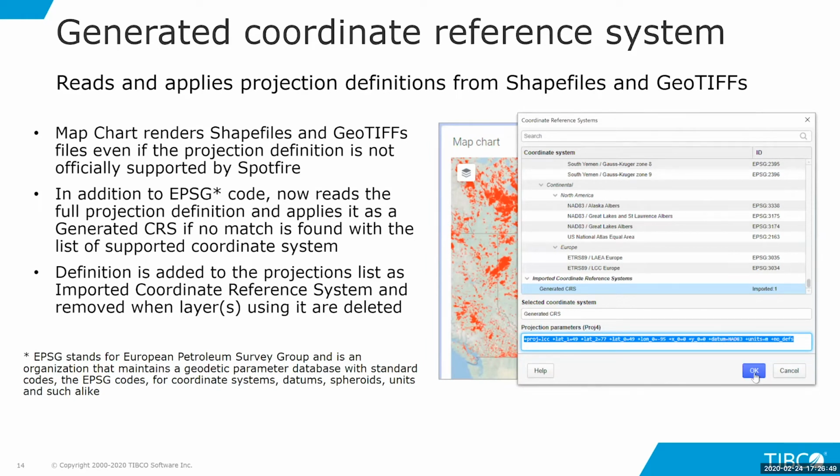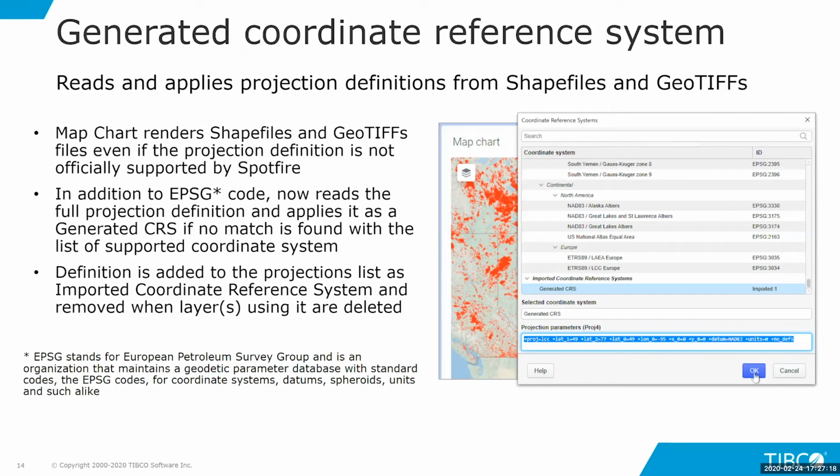Spotfire 10.8 also implements the ability to generate the coordinate reference systems from shapefiles or GeoTIFFs in case it doesn't have the EPSG code. So EPSG is a standard way of expressing which coordinate reference system is actually used.